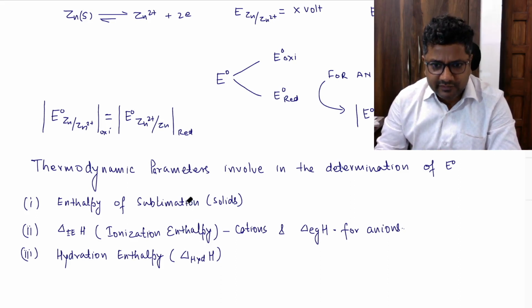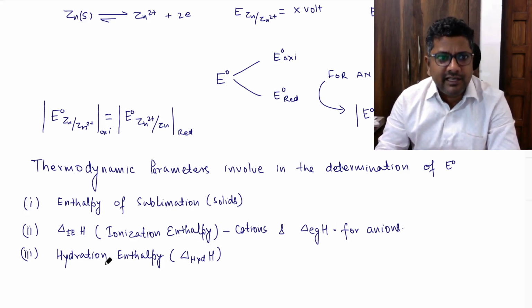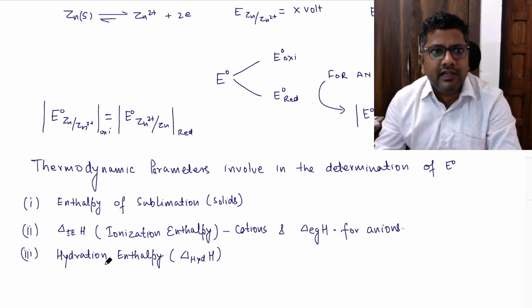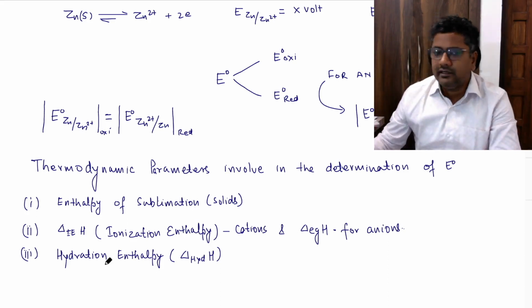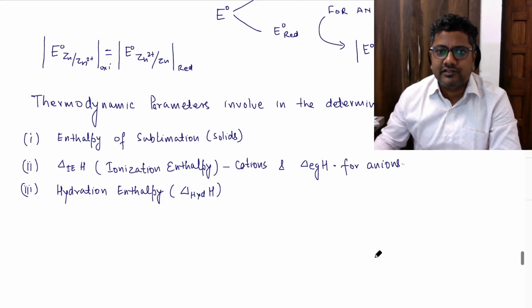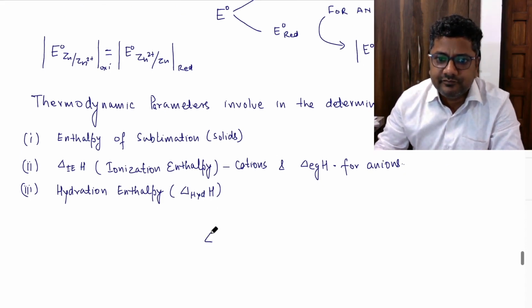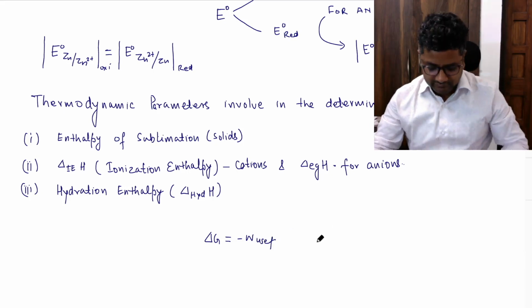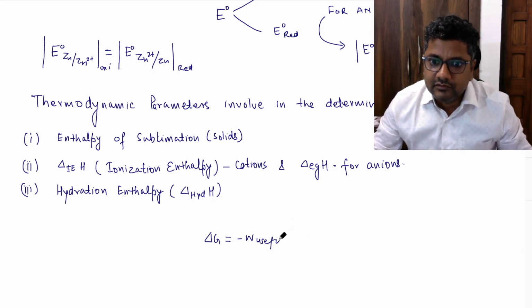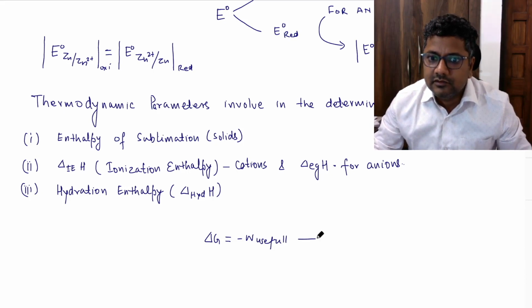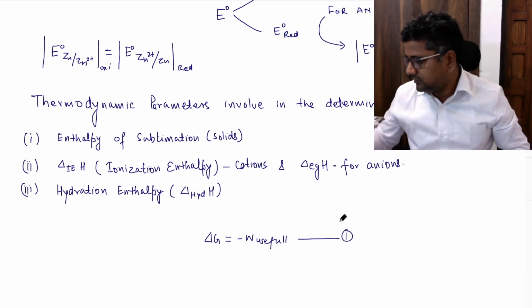enthalpy, net positive or negative, whatsoever value, you will get delta H and delta S, then you have to calculate delta G. And all of you know that this delta G is equal to minus W useful, right, W useful.